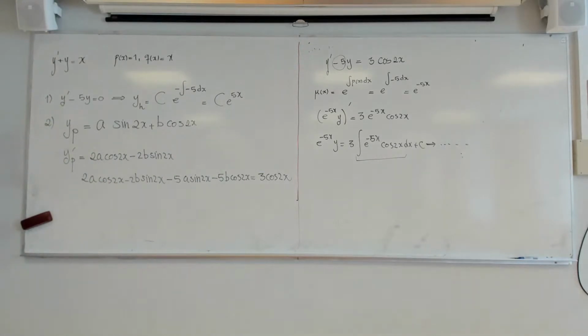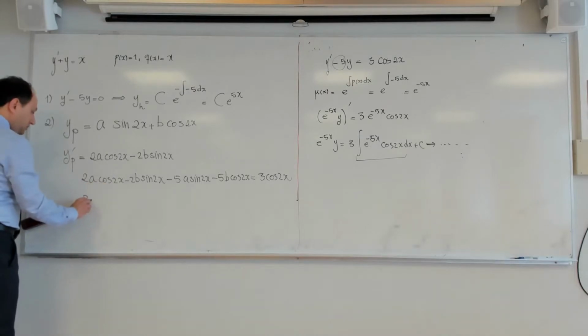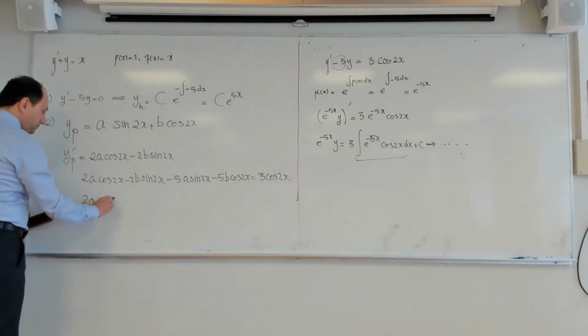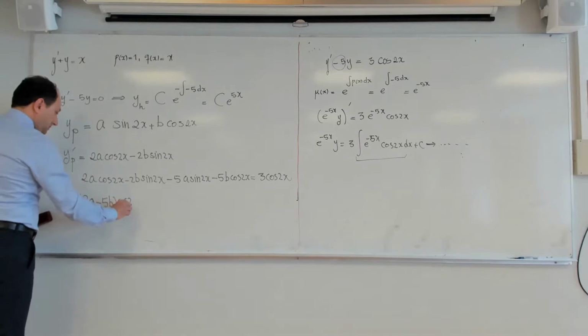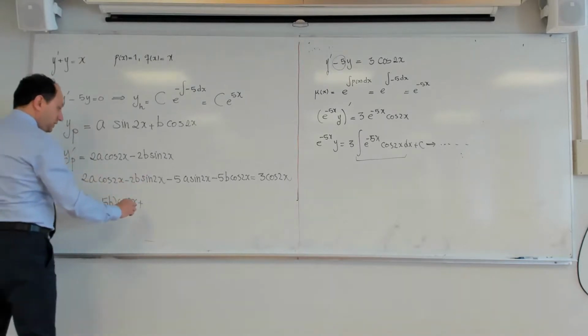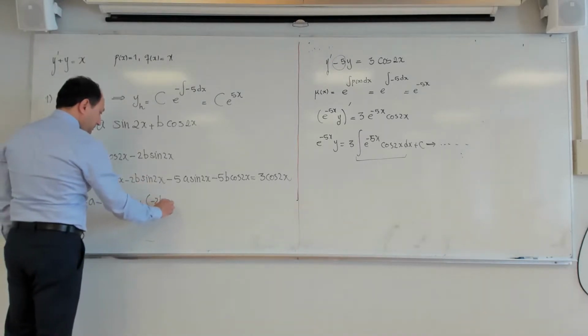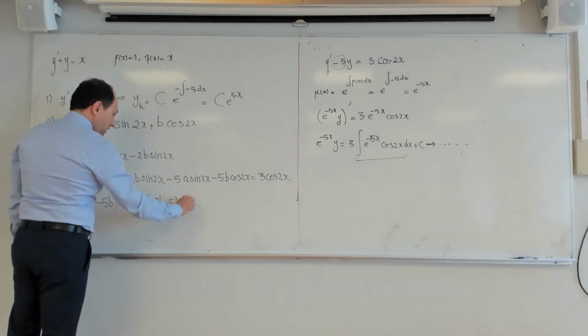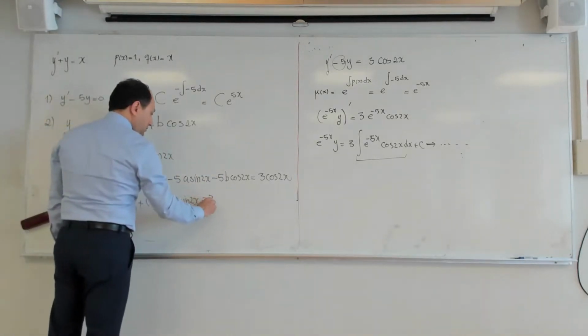Now fine-tuning a and b is simple, yes? Because you see here, I can factor cosine 2x out. I can factor a sine 2x out. On the right-hand side, I will have 3 cosine 2x.